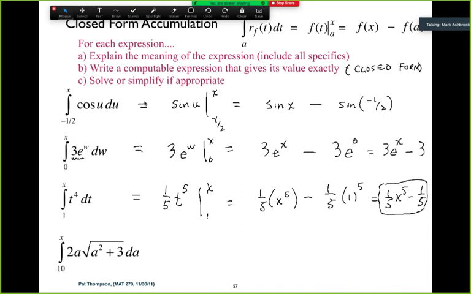Okay, so here's a little more challenging one. We've got to really think about what's happening here. So 2a times the square root of a squared plus 3 is our rate function. So we think about, okay, what function, if I took the derivative of it, would give me something that looks like this?